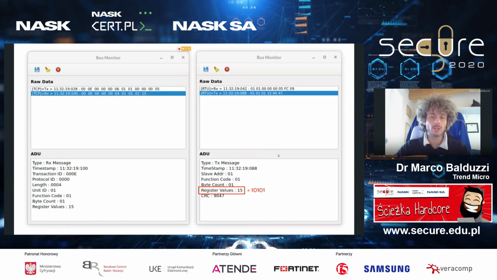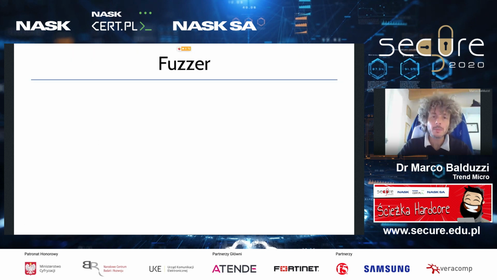The gateway then translates back from RTU to TCP, basically doing the opposite. This also explains how the translation between Modbus TCP and Modbus RTU is implemented in the gateway, both from TCP to RTU and from RTU to TCP.